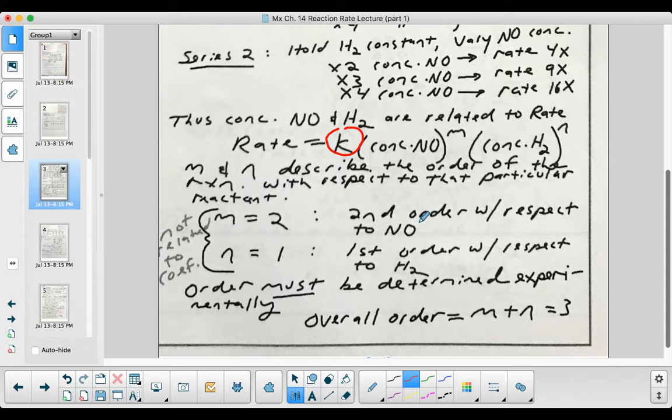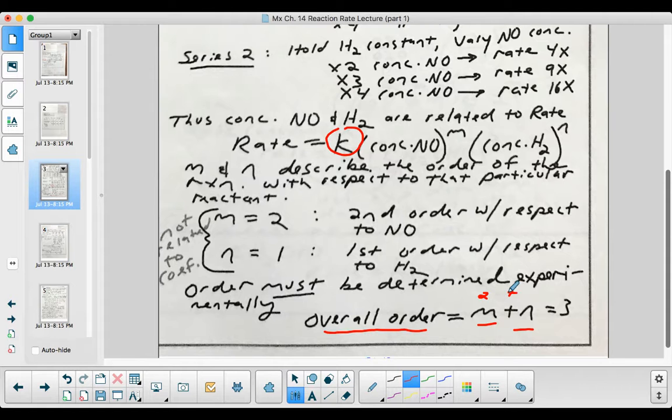And then relative to the NO, I can see that it's squared, that exponential effect. So that m value would be 2. And so I know that with respect to NO, the order of the reaction is 2. With respect to the H2, the order is equal to 1. And so I would identify this reaction with an overall order of m plus n, which is going to be 2 plus 1.